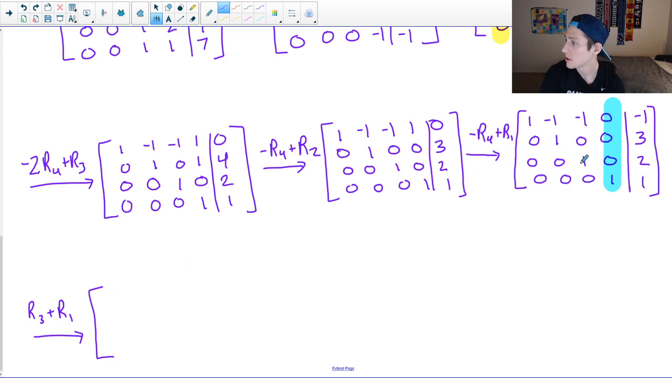All right, row 3. So 0 plus 1, 1. 0 plus negative 1, negative 1. 1 plus negative 1, 0. That's the whole point. 0 plus 0, 0. 2 plus negative 1 is 1.